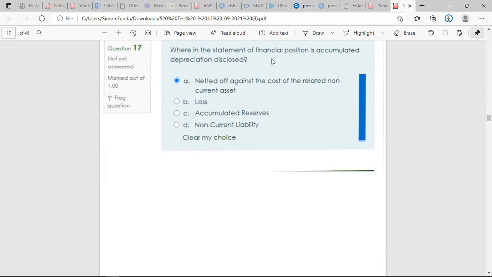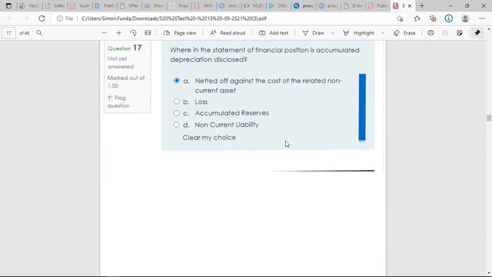The current format that most of the companies use today, they don't show accumulated depreciation. You just calculate it as a working somewhere. But in the statement of financial position, you will show the net book value.